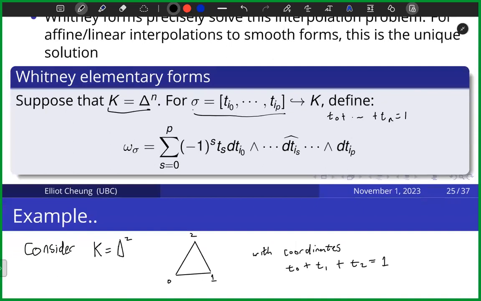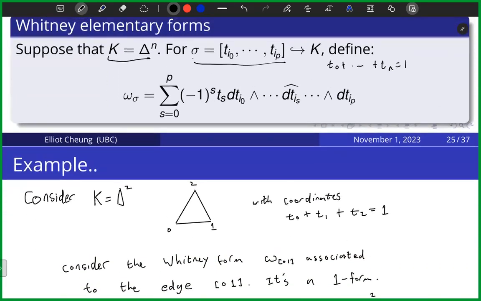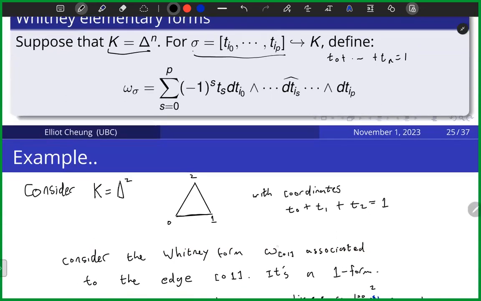So suppose K is the 2 simplex. So I've got these coordinates, T0, T1, T2. And then I look at the Whitney form associated to the 0, 1 edge. In the end, this is supposed to give me a 1 form.